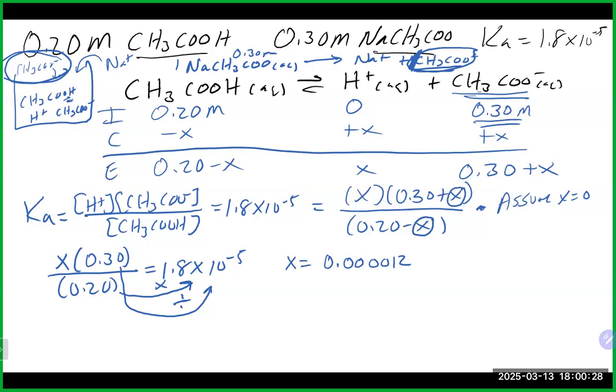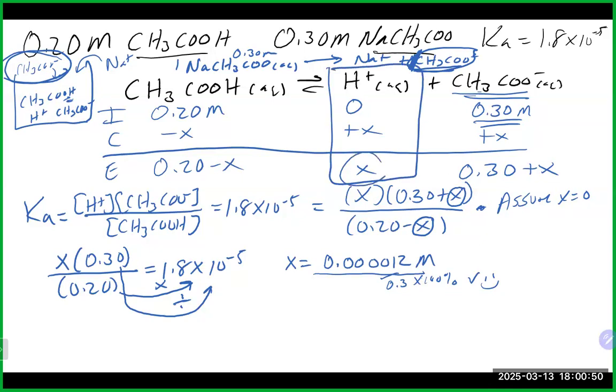We again should check it, and you can check it by dividing it by either one of those, the 0.3 or the 0.2. I'll do the 0.3, and we're going to times it by 100, and we're not even anywhere near 0.1%. The check is good in this case. That would mean in this case here, our X from our table will once again equal the H plus concentration.